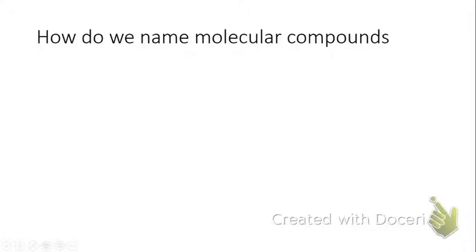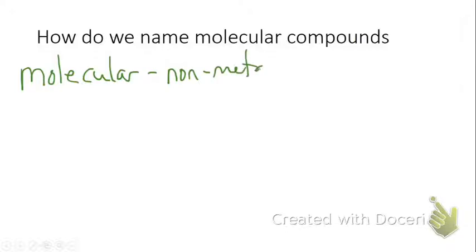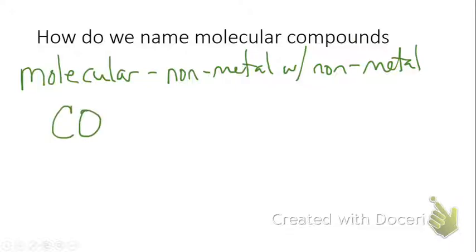So, how do we then name molecular compounds? Well, molecular compounds are different than ionic compounds because they are actually bonded together through the sharing of electrons. It is a nonmetal with a nonmetal. So let's look at an example that we have seen in class before.